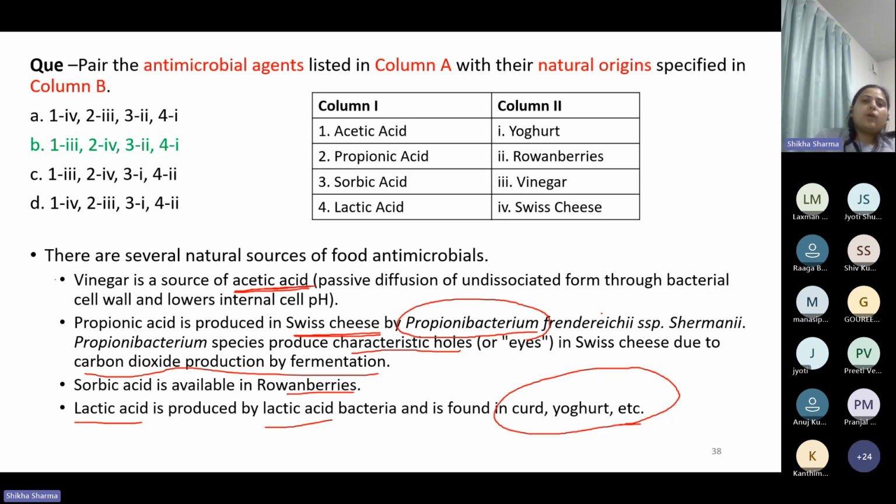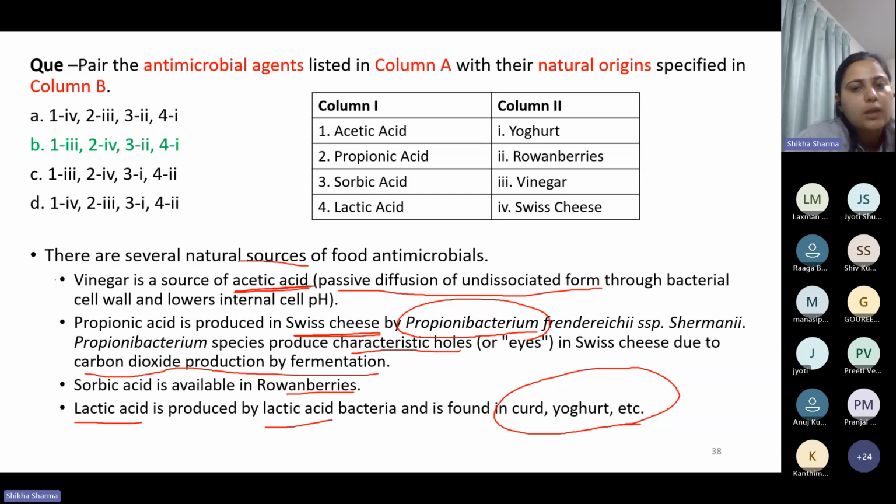So when the pH is low, microorganisms cannot grow. So it is a natural defense system of the fruits or different food products, because at low pH, acetic acid, propionic acid, sorbic acid, lactic acid, they passively diffuse in the undissociated form.